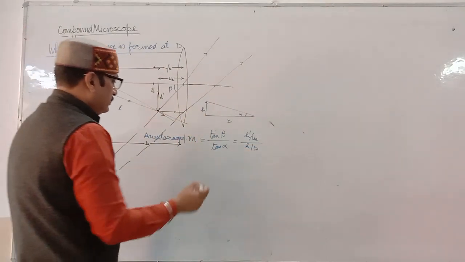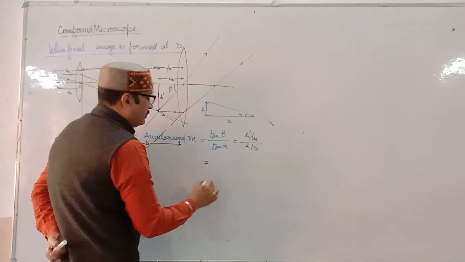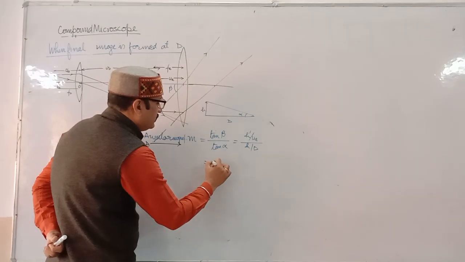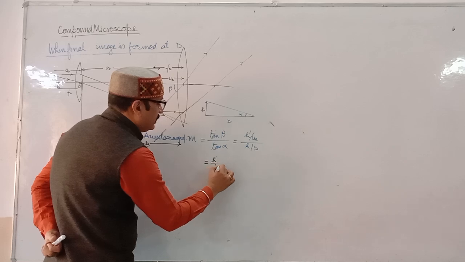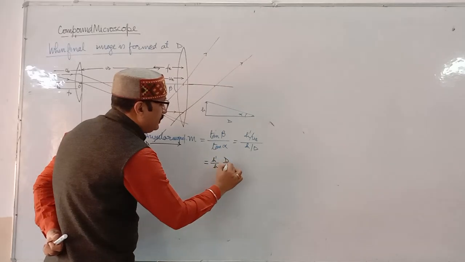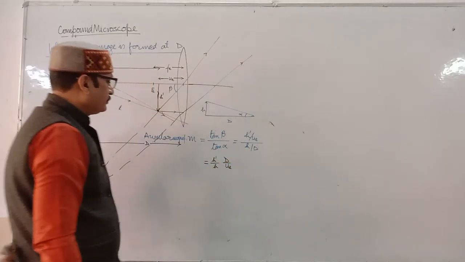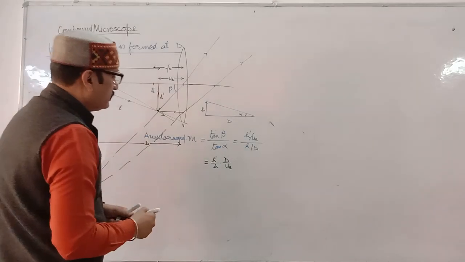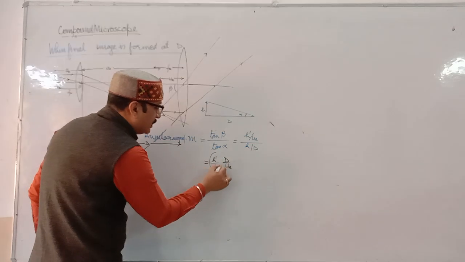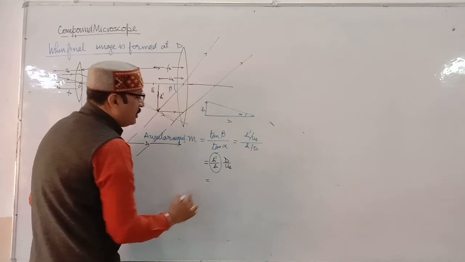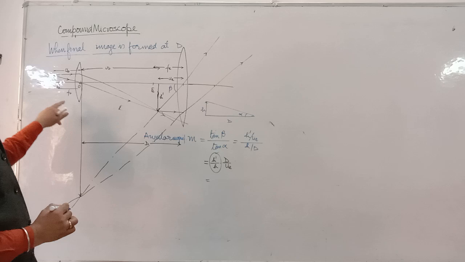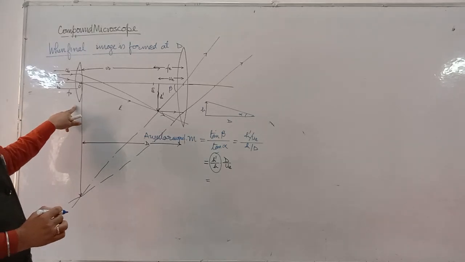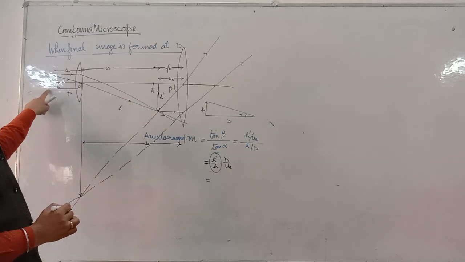On solving this, let us see what we are getting. We are getting h' upon h into d upon u(e). If you see it, this h' upon h is the magnification by the objective lens, the size of the image to the size of the object.